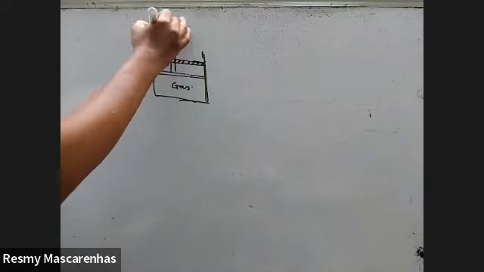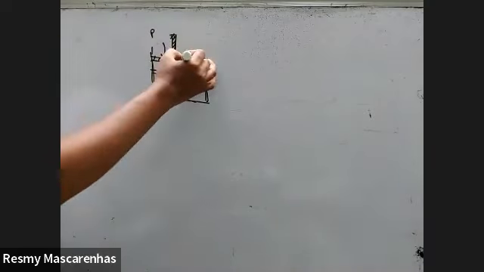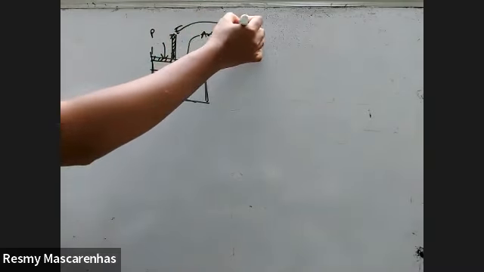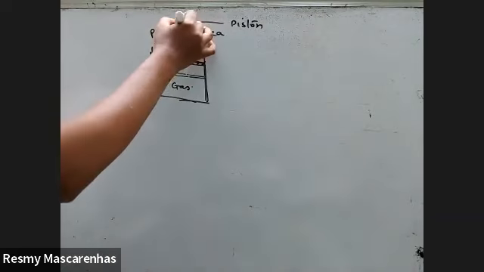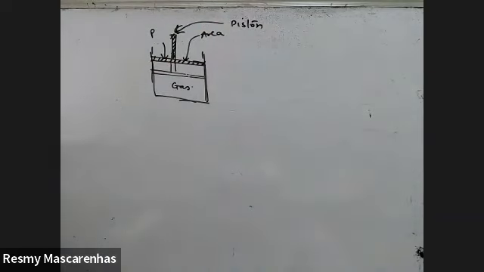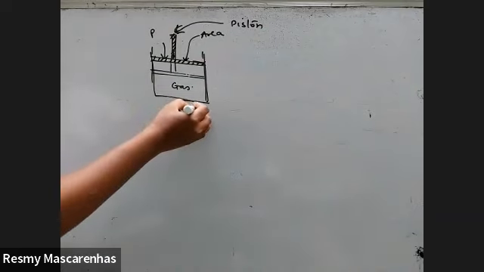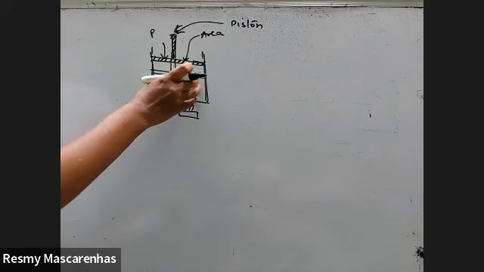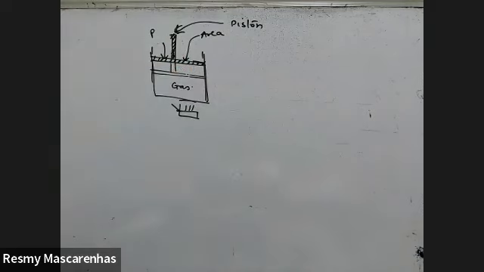That pressure is called P, and this must be the area of the piston. And we can also supply some heat externally. Now my aim is to increase the heat of this gas.